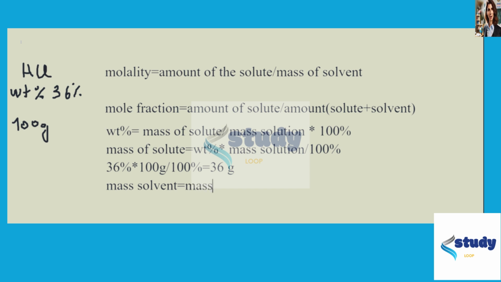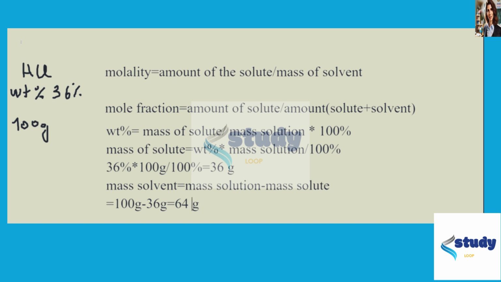So mass solution minus mass solute equals 100 grams minus 36 grams is 64 grams. Okay, so now we're halfway there.